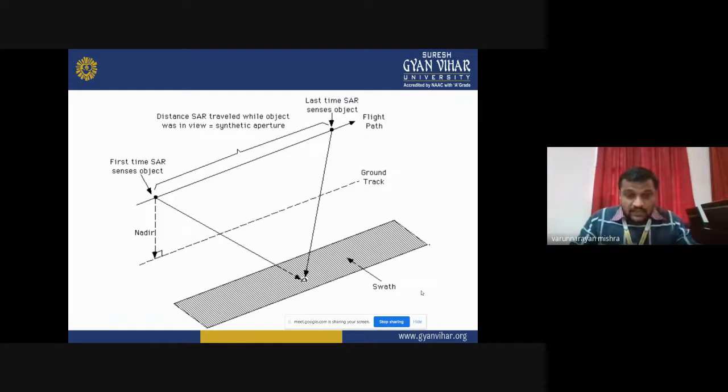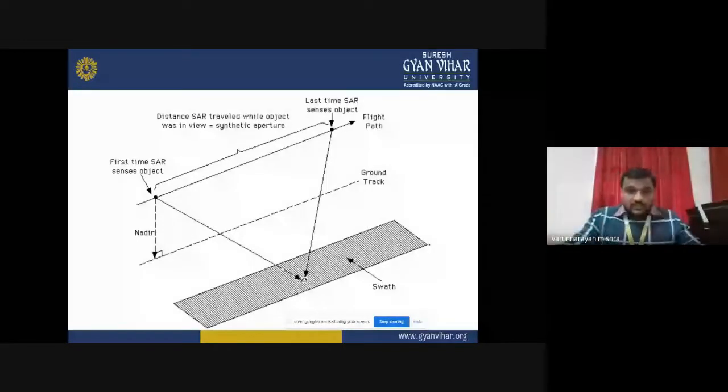We synthesize the antenna size, meaning whatever information is collected by the sensor at the first observation, up to the last time the sensor observes the object. So this forward motion of the SAR system from the first observation to the last observation, the distance traveled through this process, the total amount of the incoming signal received by the sensor will be considered as a larger antenna.